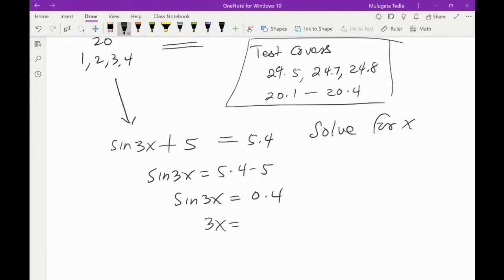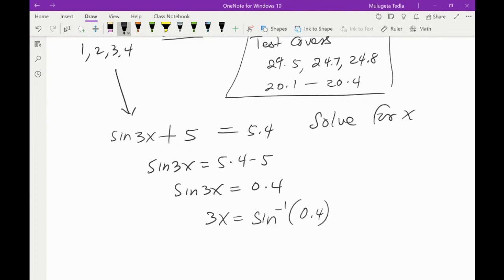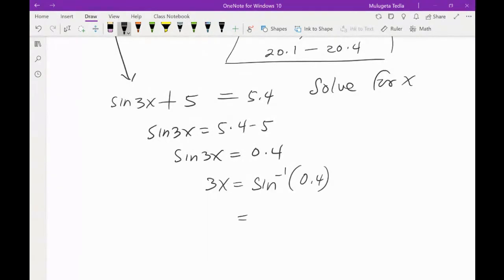So 3x is the sine inverse of 0.4, you see? The angle is, in radians I prefer, because there is a mix-up, but it is 23.6 degrees.